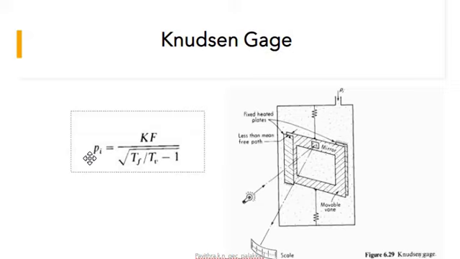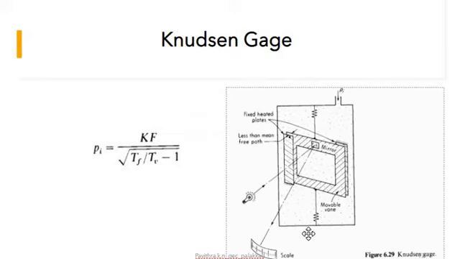So this is the working of the Knudsen gauge. One more thing, there is a scale here, and from the scale we determine the displacement of the movable vane. That is the working of the Knudsen gauge.